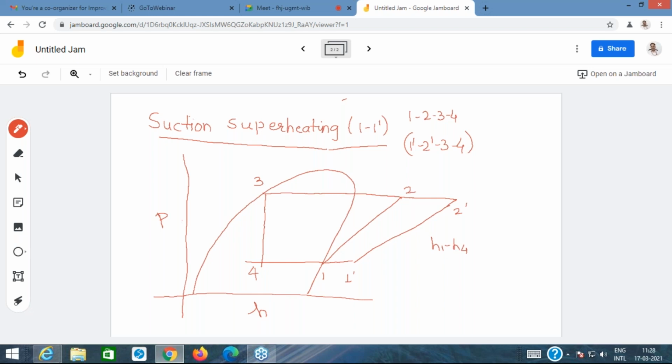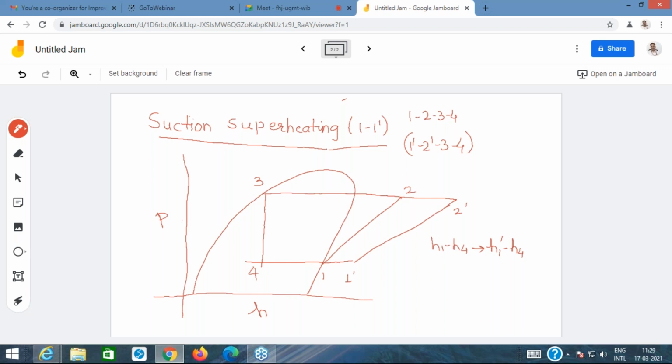And because of suction superheating, the specific refrigerating effect now is H1 dash minus H4. In fact, it has increased from H1 minus H4 to H1 dash minus H4. So one of the effects of suction superheating is an increase in the specific refrigerating effect.